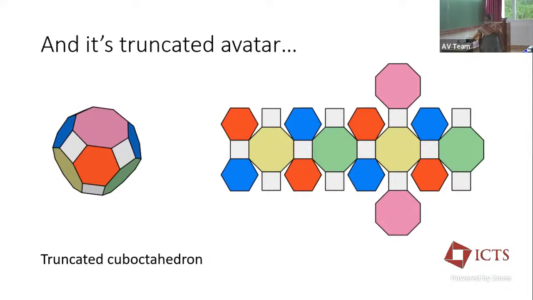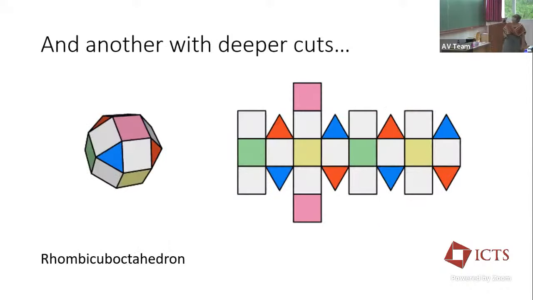If this is the base, and if you make the cuts deeper, so you are cutting from midpoint to midpoint, then you won't end up getting an octahedron here, but a smaller square. So that's what happens.